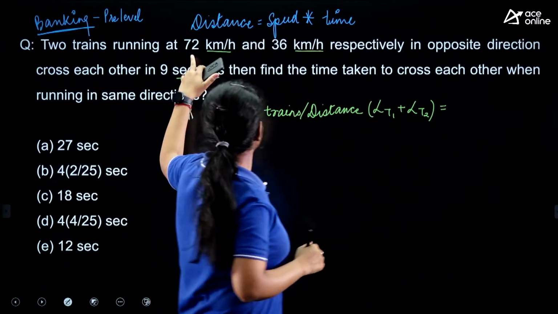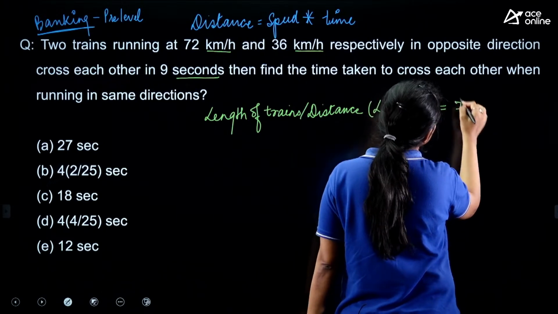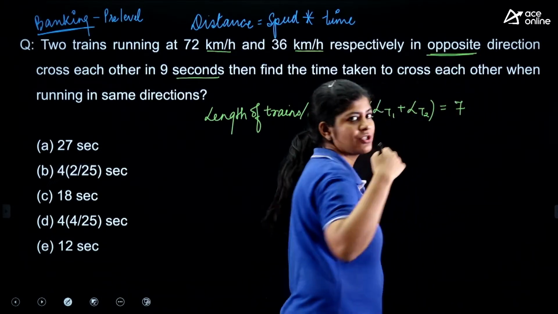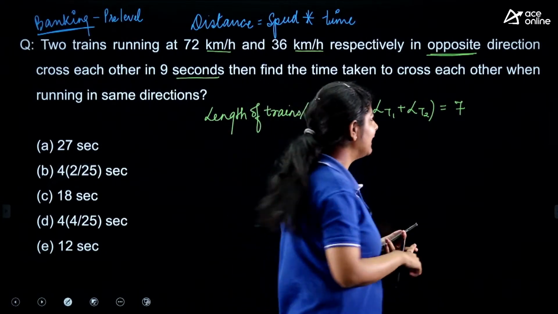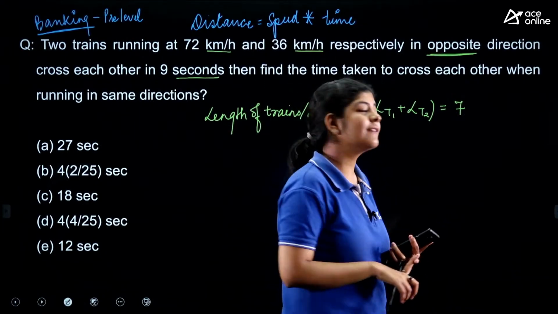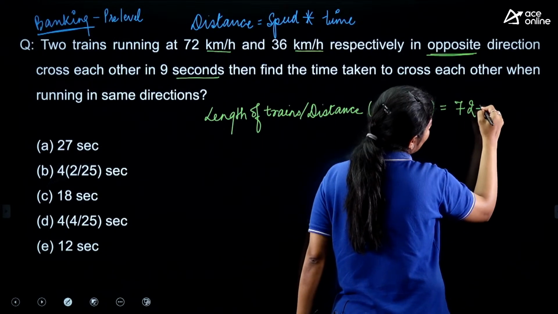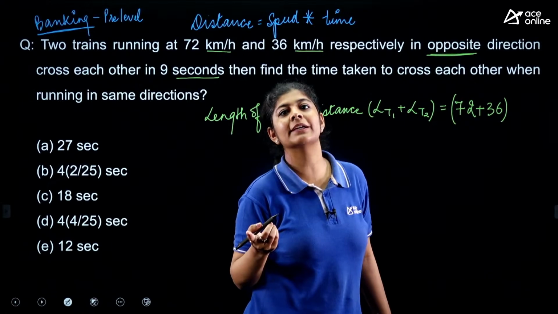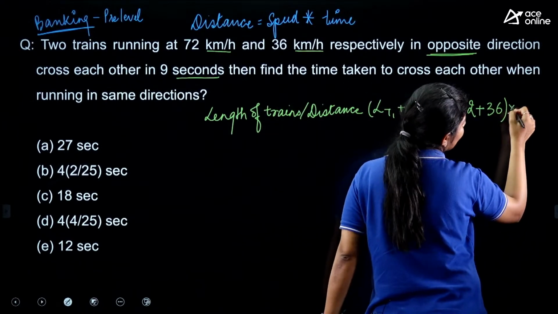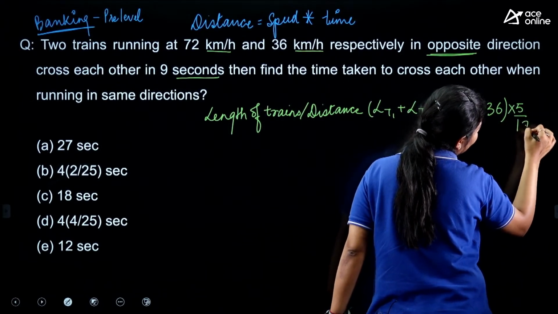The speed is 72 plus 36, as they are running in the opposite direction, so we need to apply the concept of relative speed. But we need to convert it into meters per second, so we multiply it by 5 by 18.